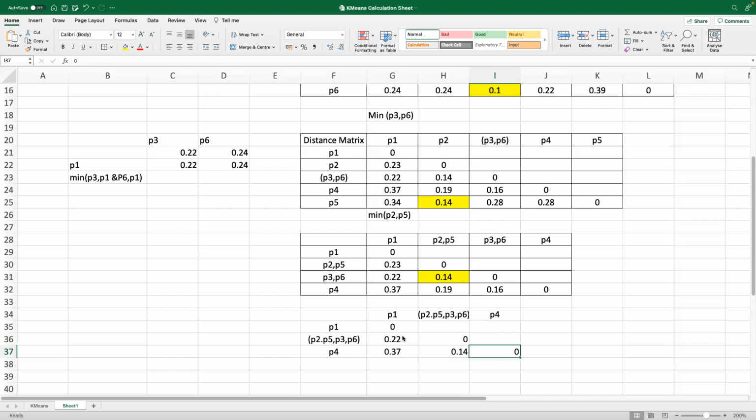Which one is it? Oh, this one. This would be P4 to P2, P6 would be 0.14. So this is the lowest value.